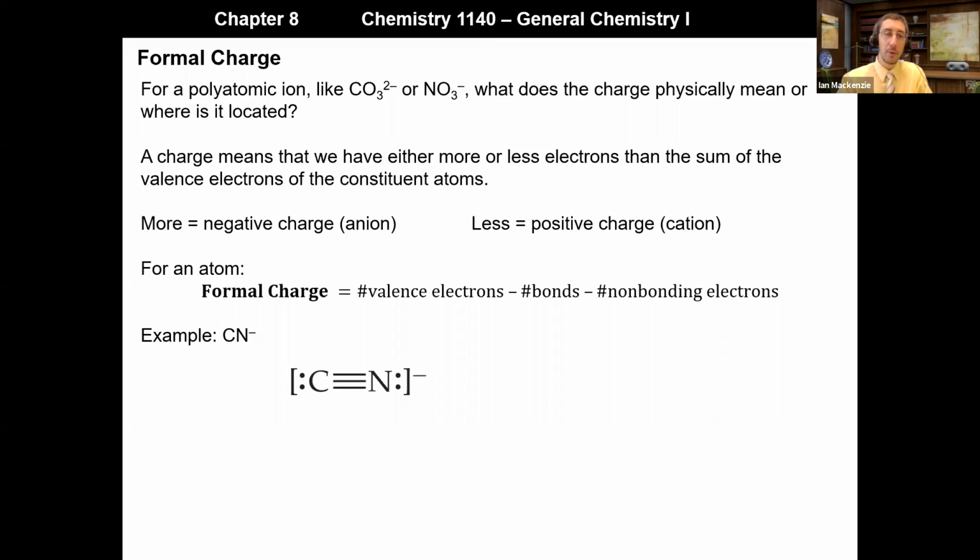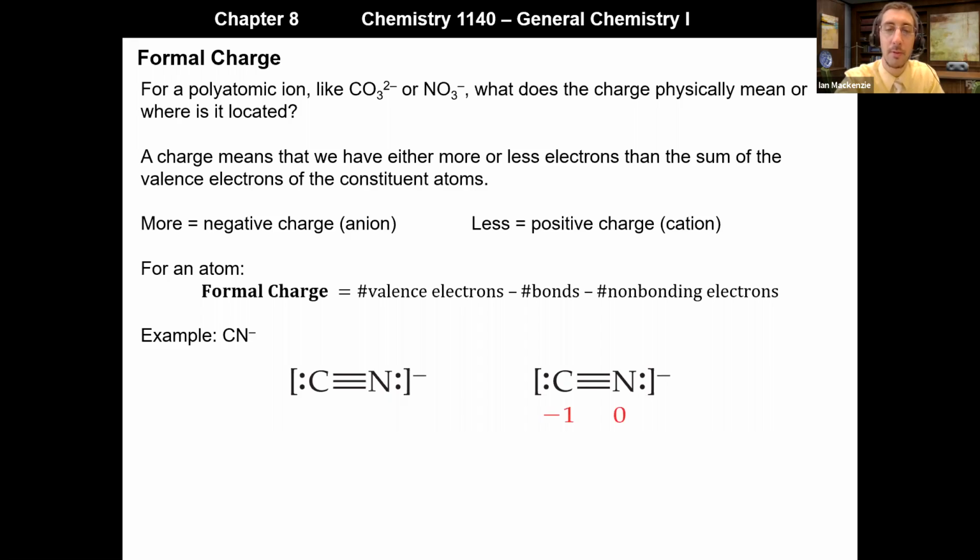Well, if we just follow this process, we can assign a formal charge to each of the atoms. Let's take a look at carbon, for example. We see here that we've assigned a -1 charge to it. Why do we do that? Well, let's follow the formula. Formal charge is number of valence electrons.